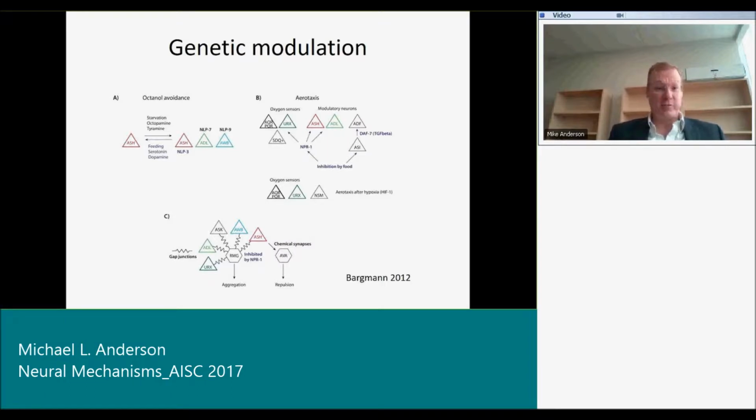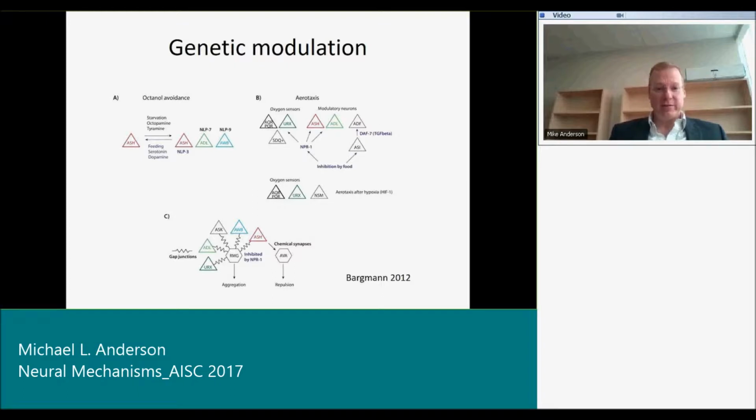So ASH in red there. You see that in all the different categories here. So it's involved in various behaviors, often avoidance, feeding. It's involved in aerotaxis, that is finding and following oxygen. It's involved in various social behaviors, including aggregation and repulsion.